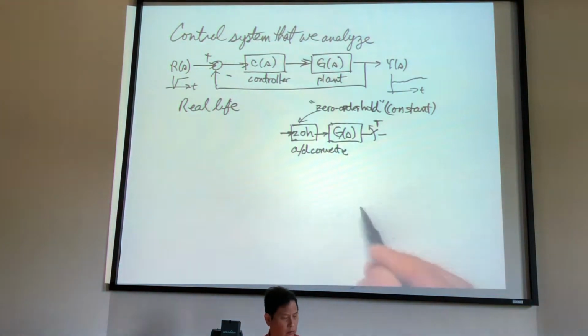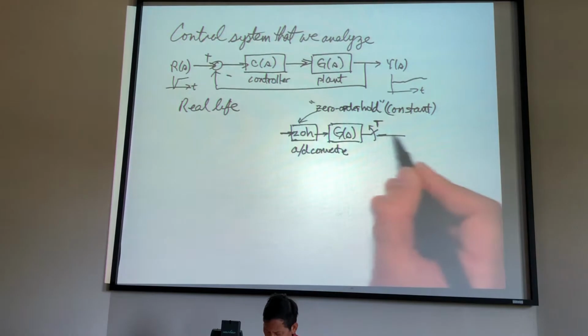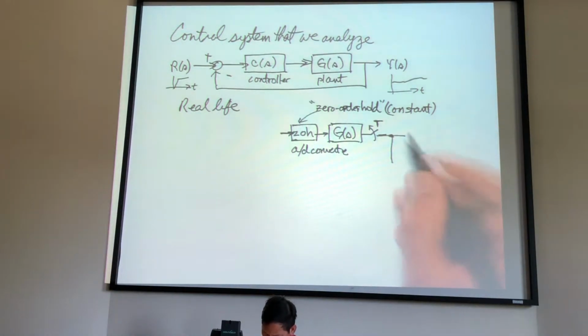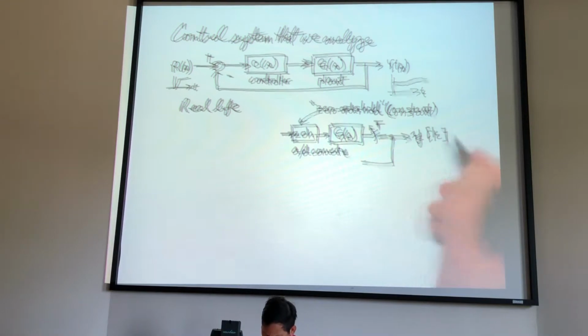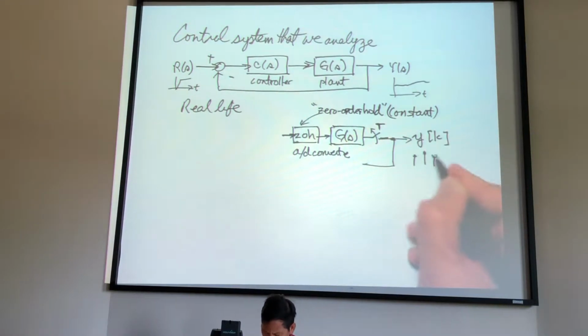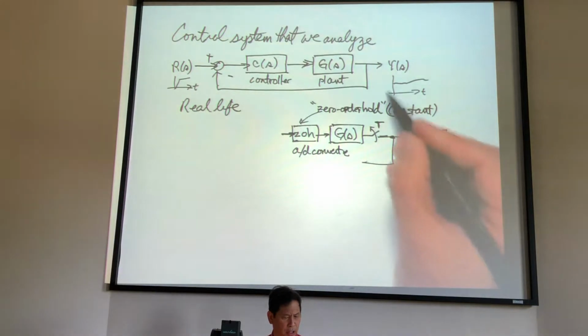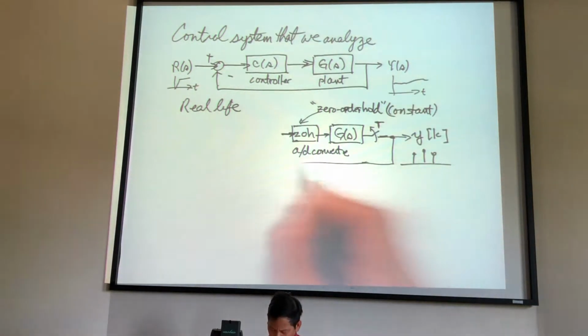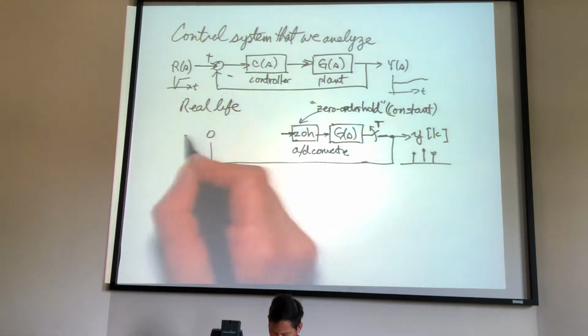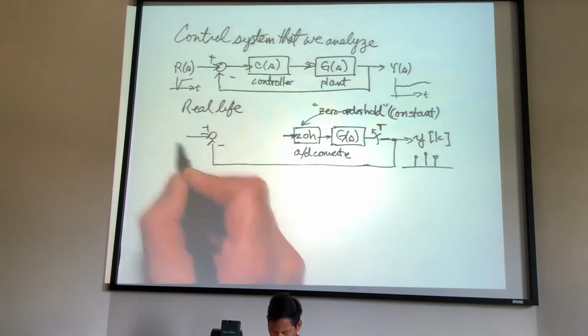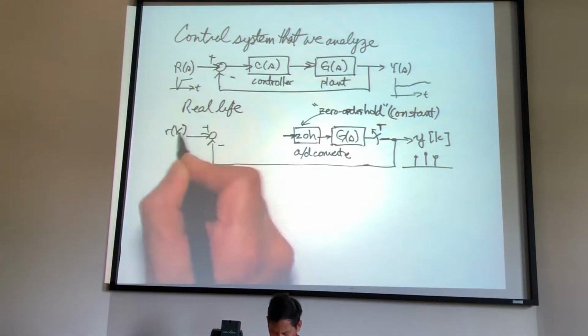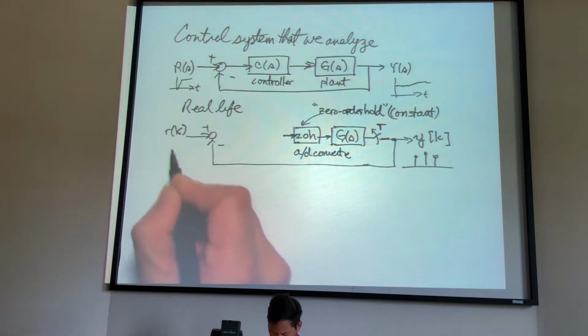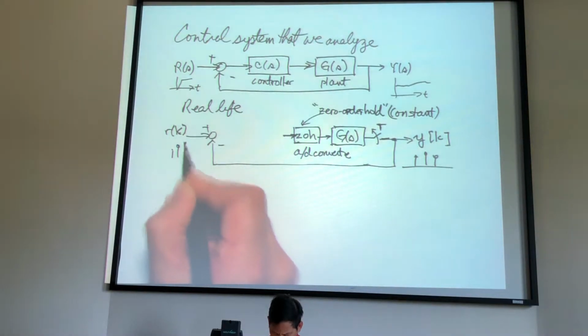Okay. And then what we do is we take the sampled information and feed it back. So now what we have here is y of k. We have samples of what's going on. We don't have this continuous signal, we have these samples. And then we bring it back here. And we have r of k here, which are samples of what we want to do.